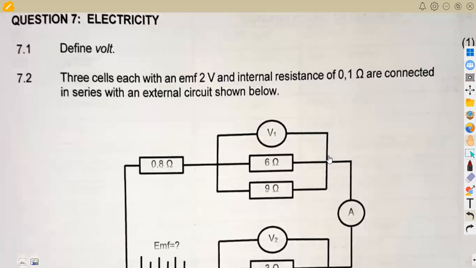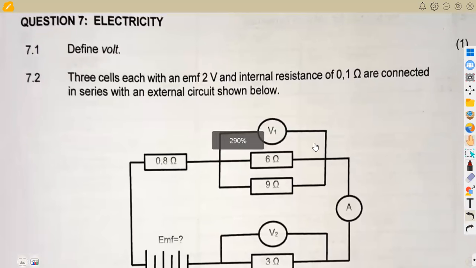Question number 7, it was on electricity. All right, define the volt. Remember, the volt is just, we're talking about the potential difference between 2 points on a conductor, but it must carry 1 amp and also have a resistance of 1 ohm. All right, so let me just have this in word.